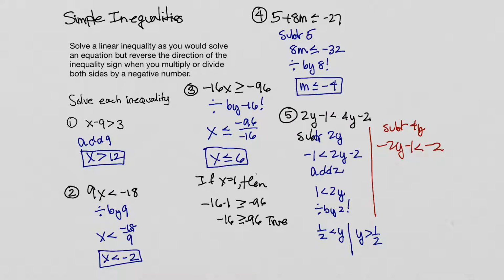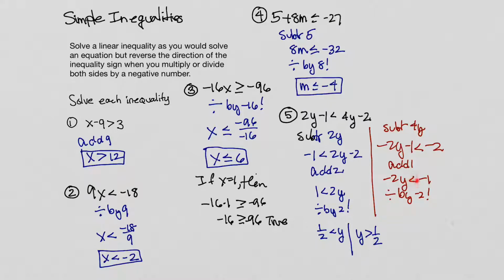Well, now what we're going to do is we're going to add 1. So if we add 1, we're going to get negative 2y is less than, now negative 2 plus 1 is negative 1. And now this negative 2 is multiplying the y, so we're going to divide by negative 2. Alert, we're dividing by a negative.